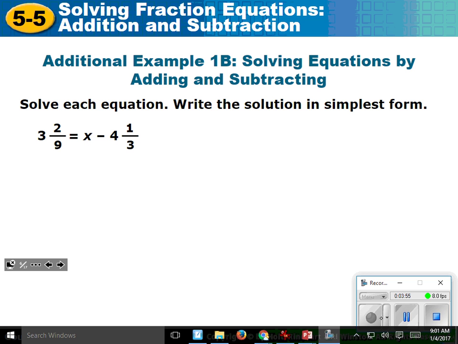Here are my expectations. You write this out, this whole thing: 3 2/9 equals x minus 4 1/3. I expect you to write that out on your paper. Then I expect you to demonstrate that you know my rules of algebra.